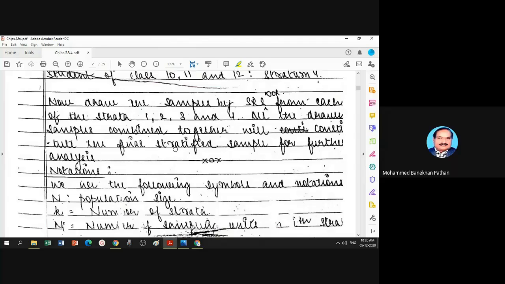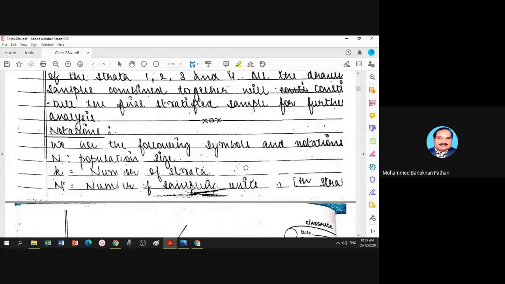Then combine all these samples together and use this sample for your estimation. The biggest advantage of stratified random sampling is it represents each and every corner of the original population.